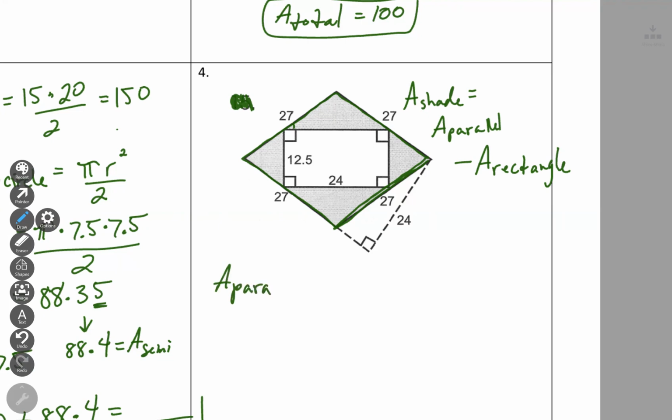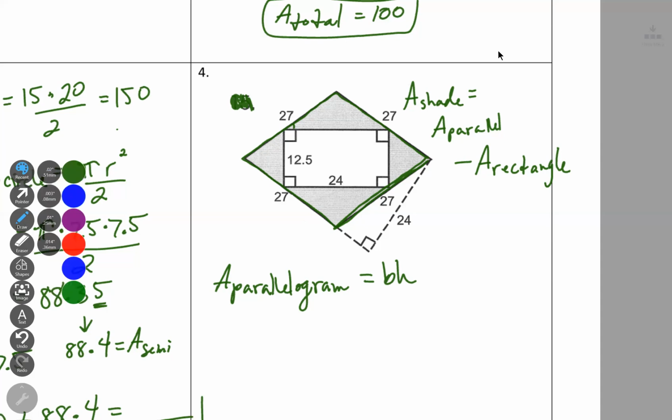So the area of the parallelogram. Okay, and I'm labeling all this so that I know what I'm calculating. So the area of the parallelogram is going to be base times height. Okay, and remember, your base and your height are at right angles to each other.